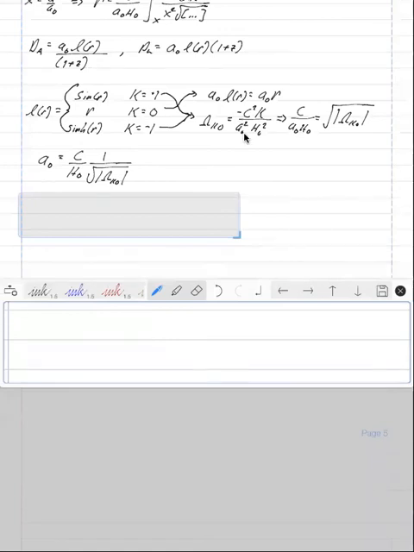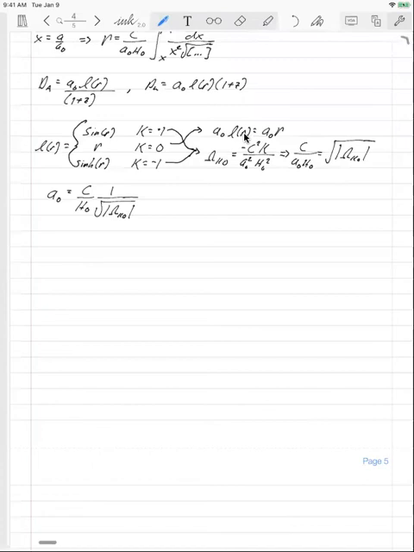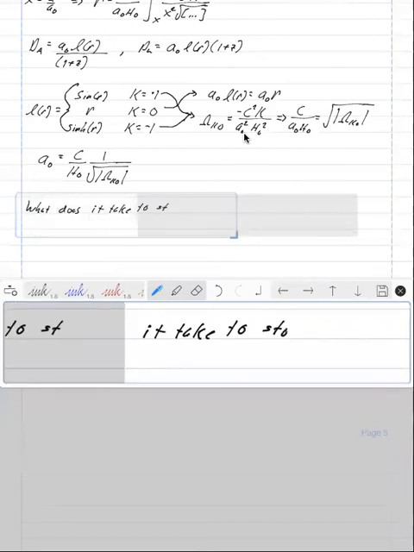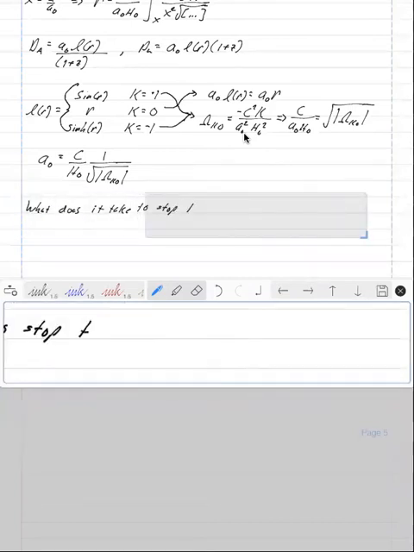Before we complete this lecture, there's one other concept that I want to touch upon. It's kind of fun to consider. Let's ask this question: what does it take to stop the expansion of the universe?